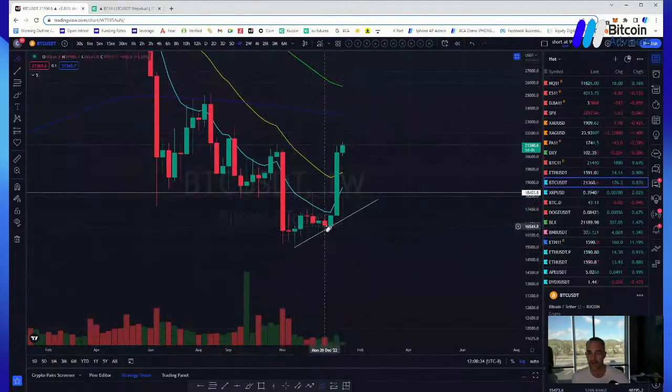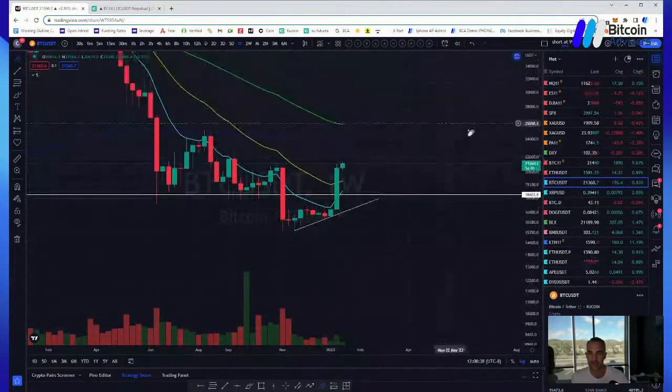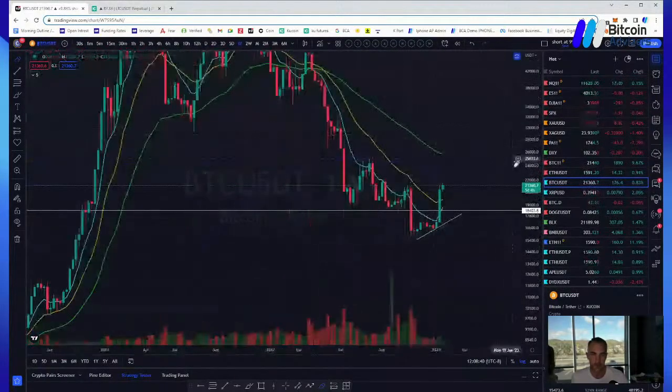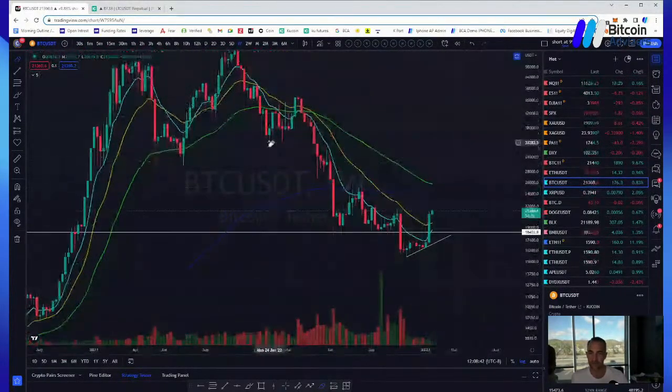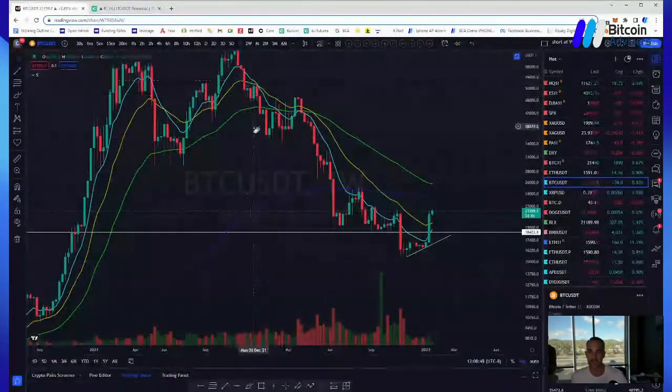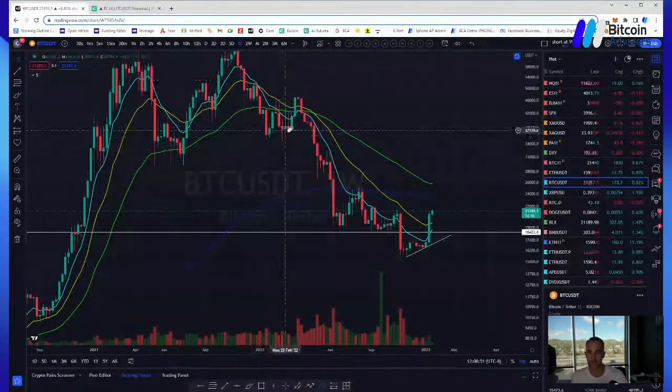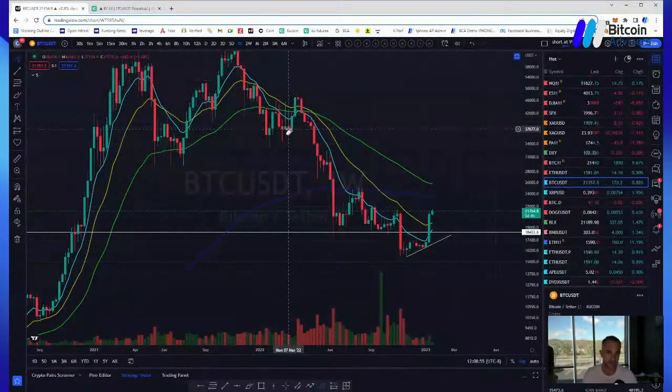So this is your first higher low on Bitcoin's price action on the weekly time frame, a very powerful time frame, since the bull trap back in February of 2022. So technically, this was a bit of a trend reversal. We had a higher low and a higher high. However, that failed and got invalidated as soon as we took out 37,000.